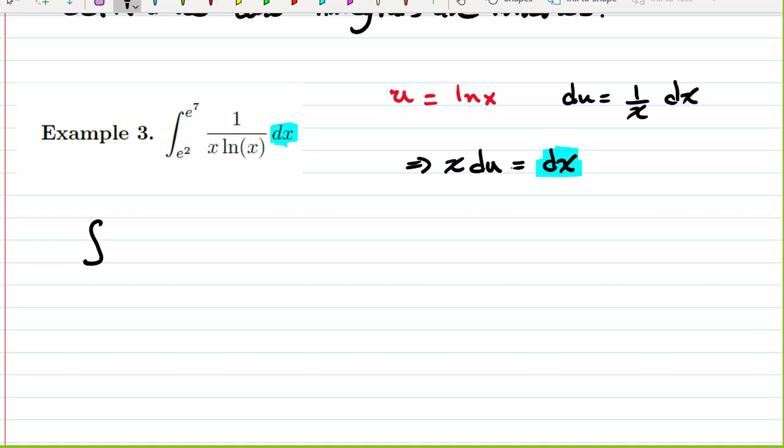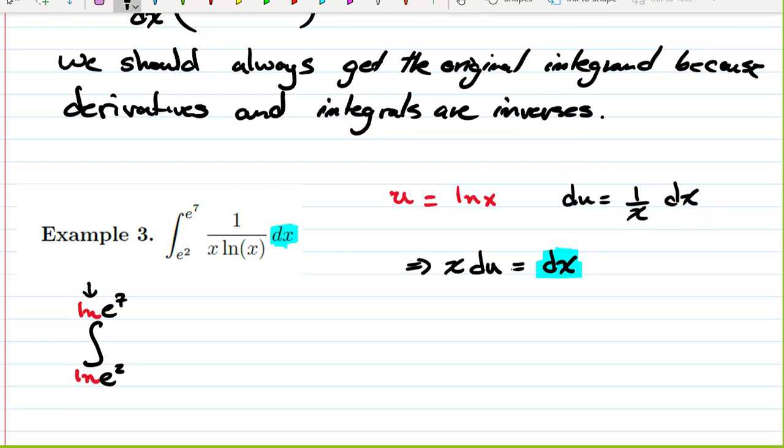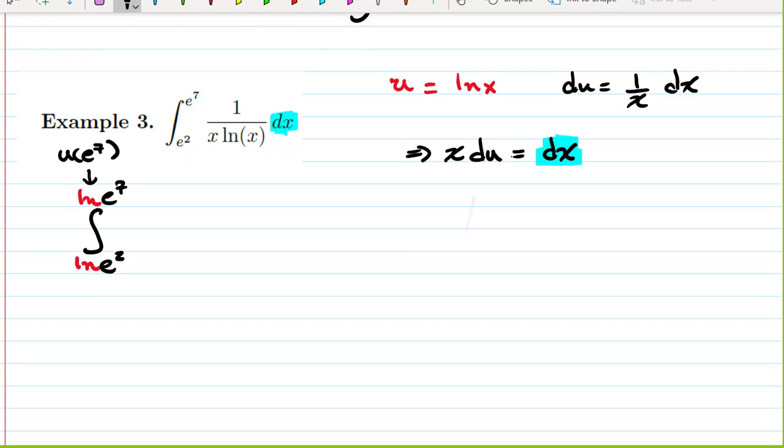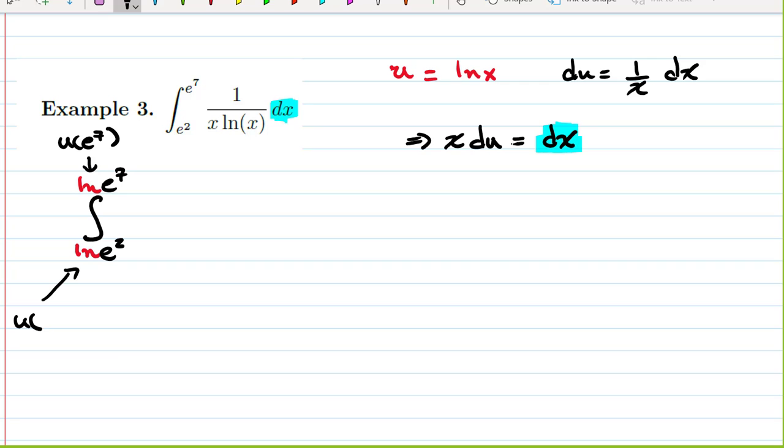So our new limits of integration are going to be the natural logarithm of e squared, and our upper limit of integration is going to be the natural logarithm of e to the 7th. And just to be very, very explicit, this is u of e to the 7th and this is u of e squared, using our u function that we have over here.